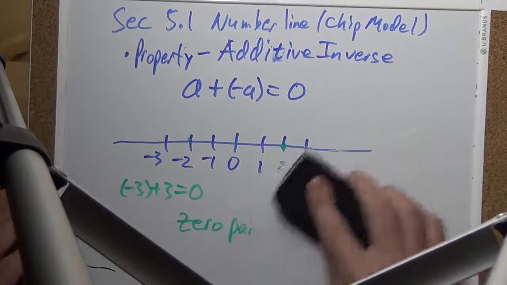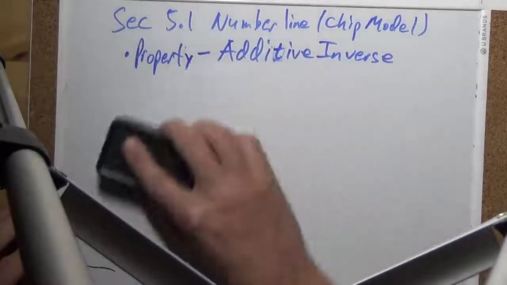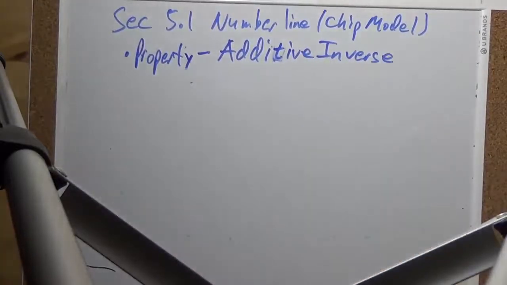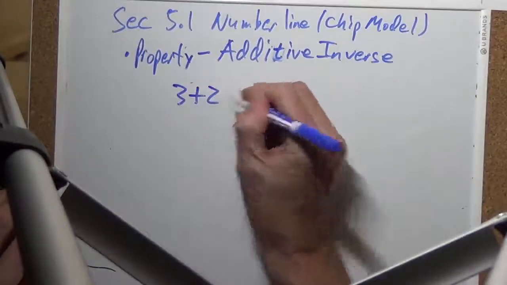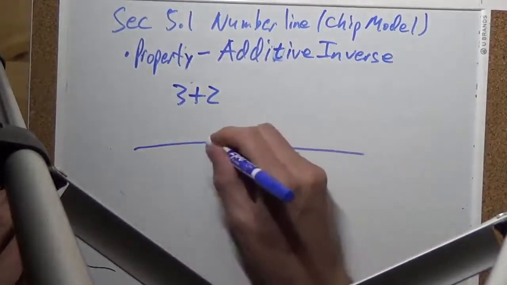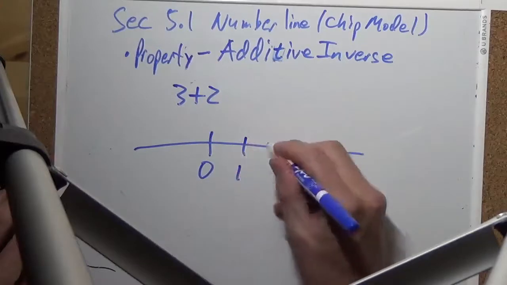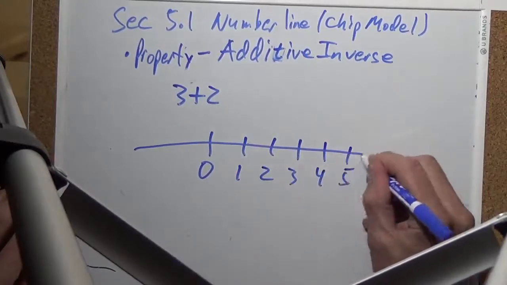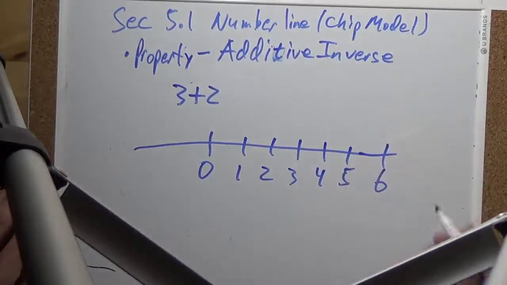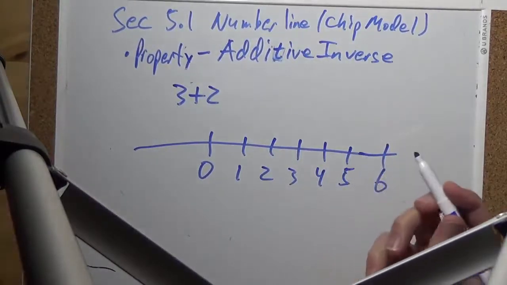So first let's just look at the number line in general, like you grew up. And let's do a problem like this. Let's do 3 plus 2, which you know the answer to. So you may have done it a couple ways.